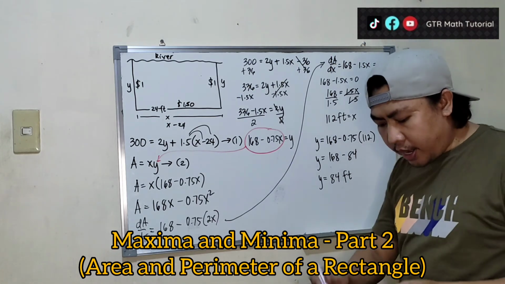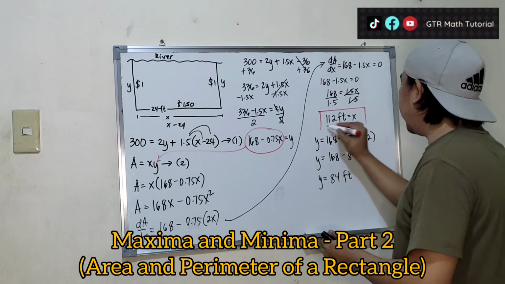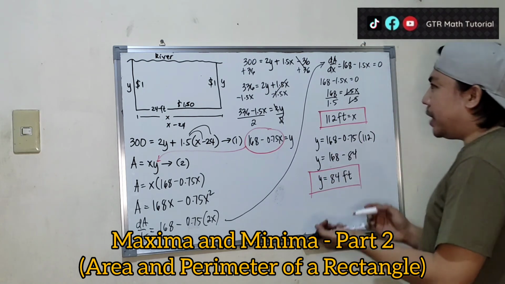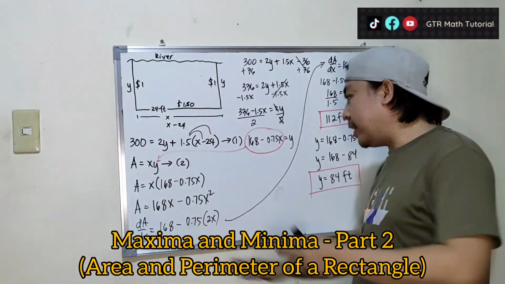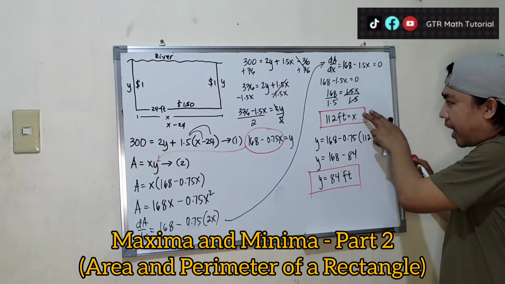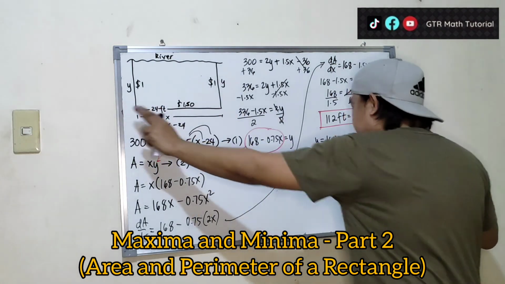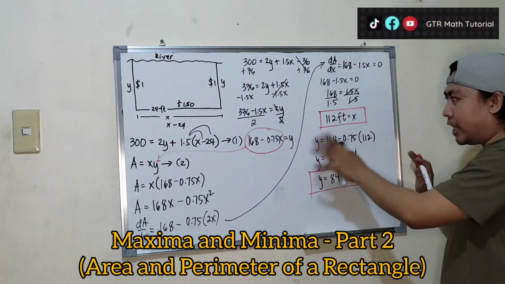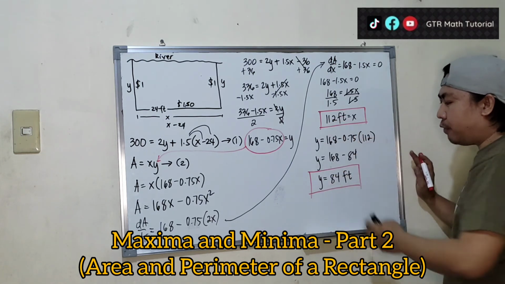So the dimensions of the rectangle to maximize the area given the budget of only $300 is 112 feet, the length, by 84 feet. Okay? So the dimension is 112 feet by 84 feet.